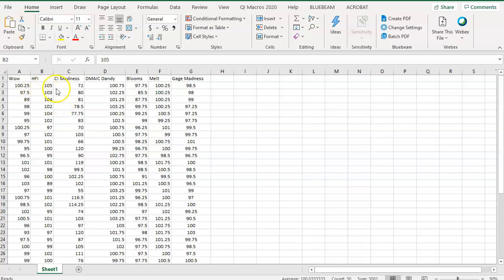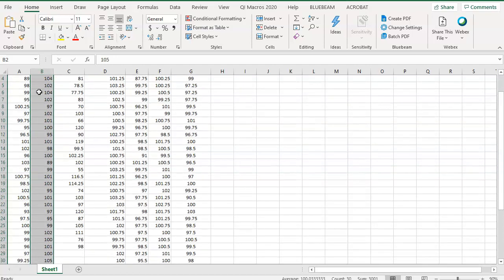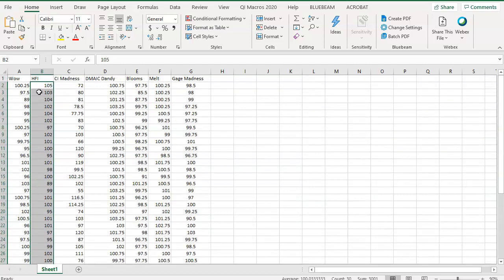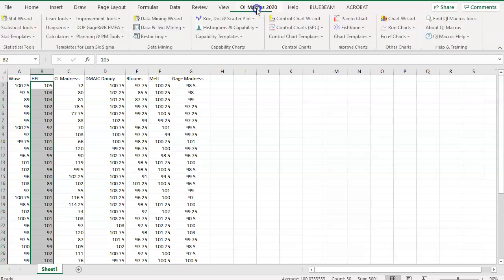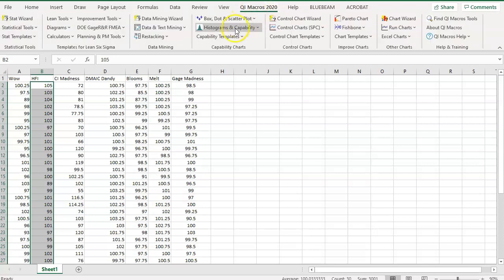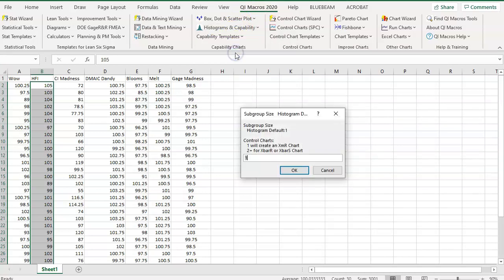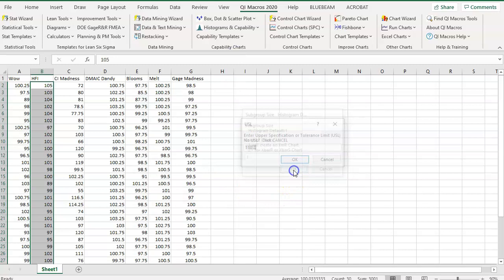Let's take a look first at team HFI. I'm going to highlight their data in Excel. I've got 30 data points that they shot, and let's do a histogram with CP, CPK statistics. So I'll go up to QI macros, go to the histogram and capability section, choose histogram with CP, CPK, subgroup size of 1.